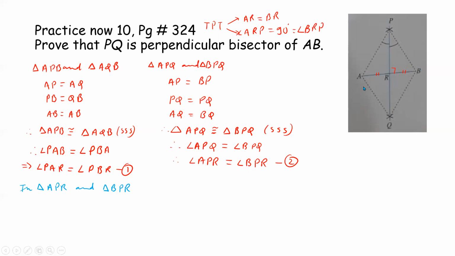In this case, I have written AP is equal to AQ. Why is that equal? Because you have to go back to your set one about the geometrical construction. How do you construct a perpendicular bisector? You make the arc here and then make the arc here. With the same distance, you make an arc here and make an arc here.